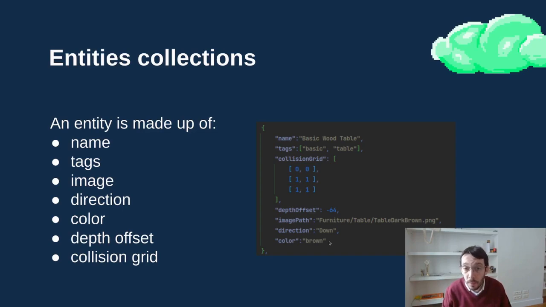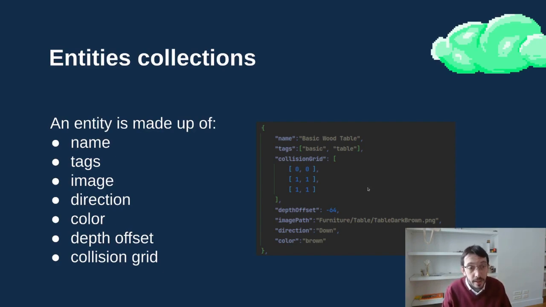And it also has a collision grid. I'm pretty sure you understand just by looking at that what it means. It means that this root table here will be colliding on the tile at the bottom, but not on the tile at the top. So the collision grid works on a tile by tile basis, so a 32 by 32 basis.